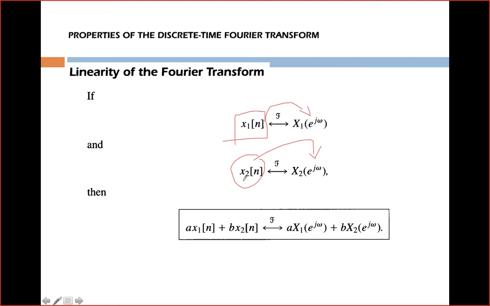When you are combining x1 and x2 linearly, that is a into x1 of n plus b into x2 of n, and then if you take the discrete time Fourier transform, you should get a into X1 of e power j omega plus b into X2 of e power j omega. If you are getting this result, then the system is said to be linear. If not, then the system is said to be non-linear.